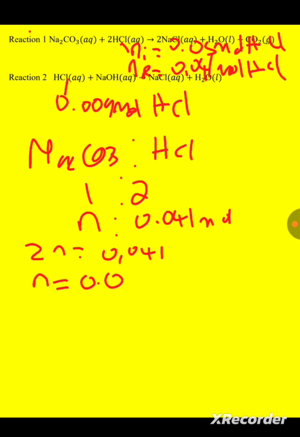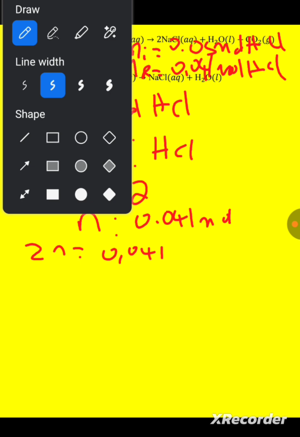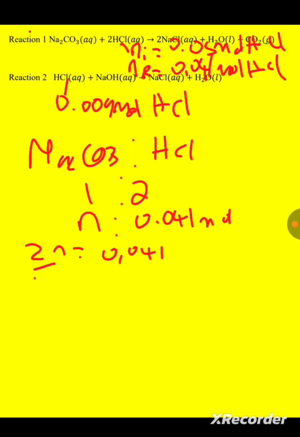Right, now we say we divide here. We divide it by 2, both sides there. Divided by 2, divided by 2 then.